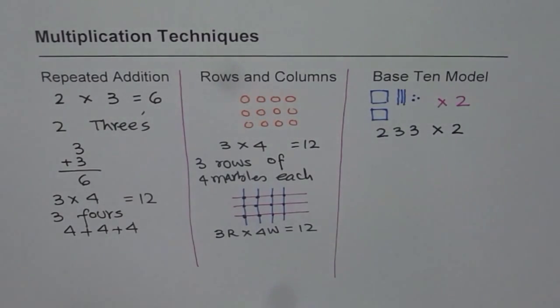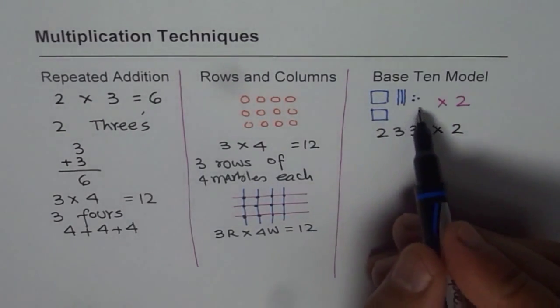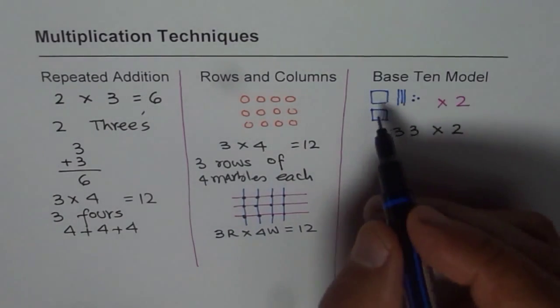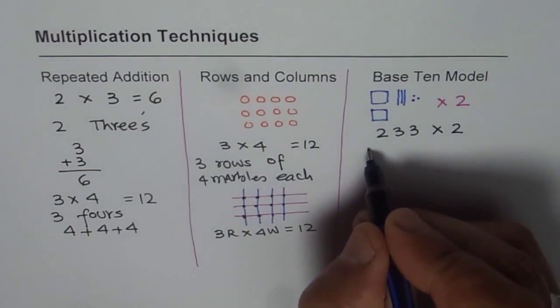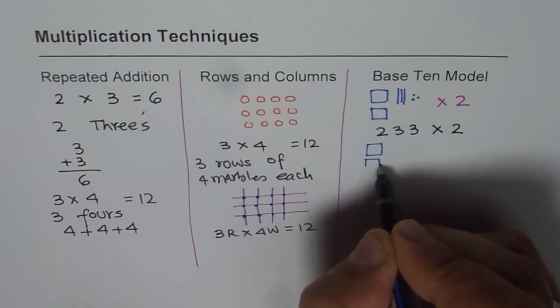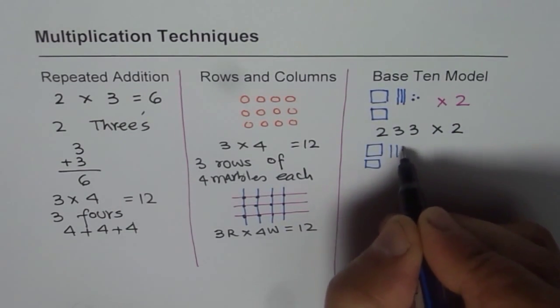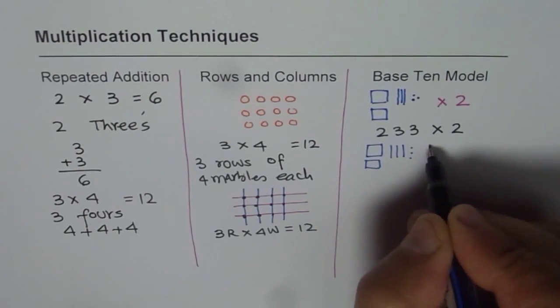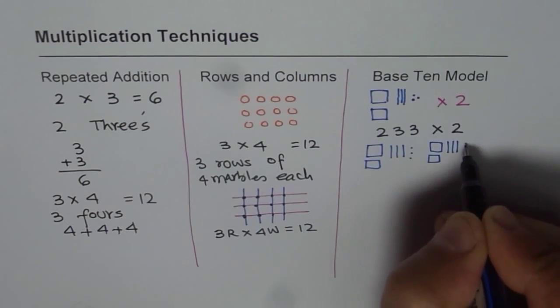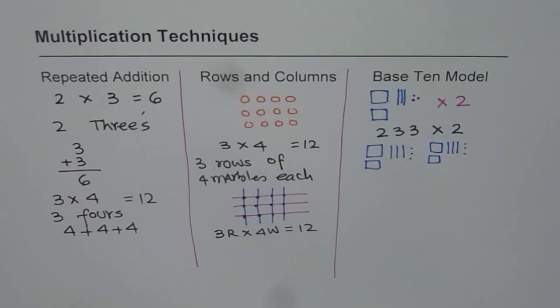It really means that we have 2 of such blocks. We can apply repeated addition, correct? So if I make another block like this, let me make 2 of such blocks: 200, 10, 20, 30, 1, 2, 3. That is what we get.